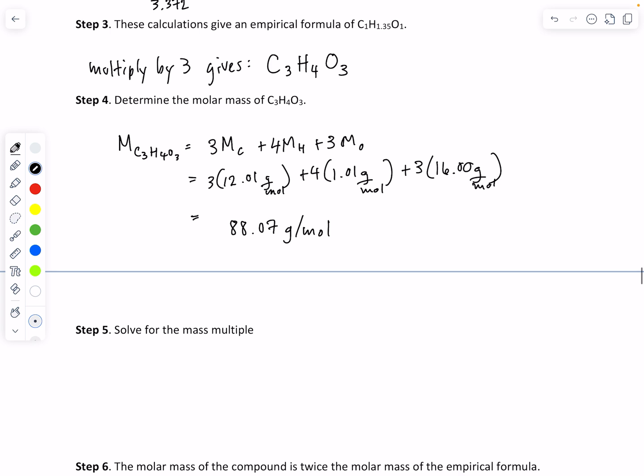Now let's solve for the mass multiple x. It's equal to the molar mass of the compound divided by the molar mass of the empirical formula that we just calculated.